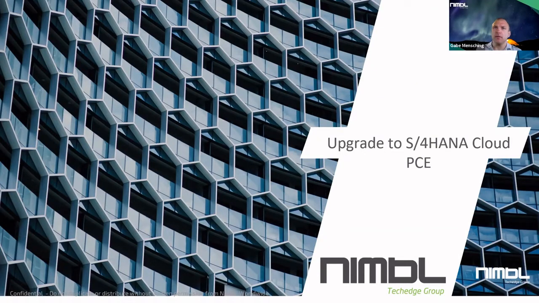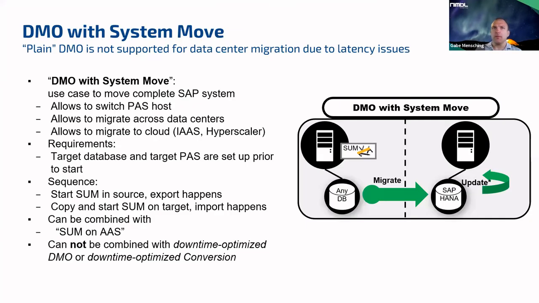Thank you, MJ. So as MJ said, now we're going to talk about the upgrade to S4HANA Private Cloud Edition. SAP came out with the Software Update Manager. The Software Update Manager, or SUM, is what all customers use to update their SAP systems.